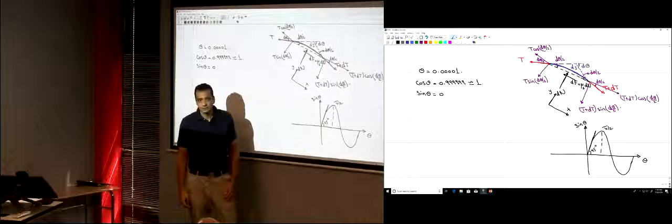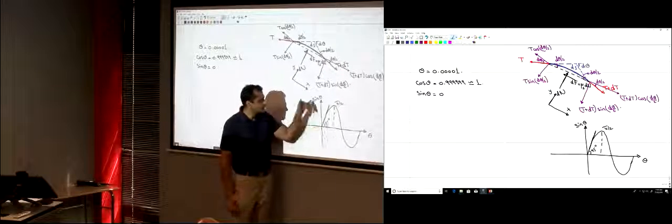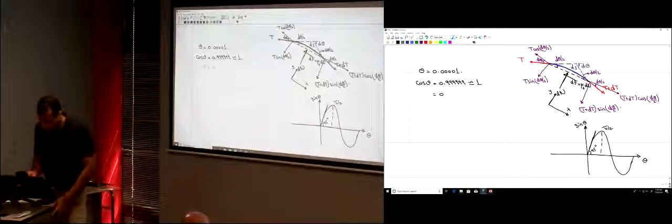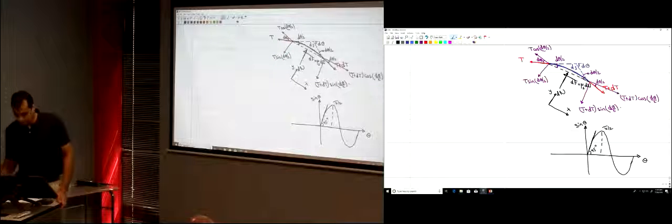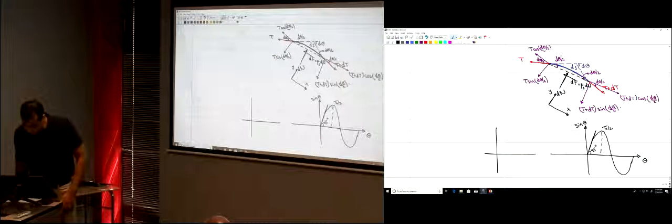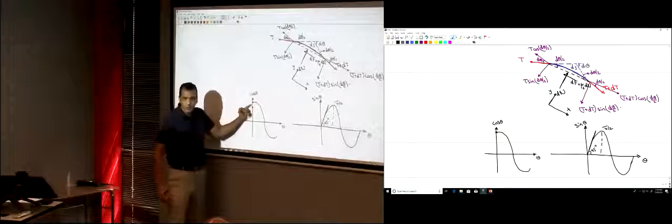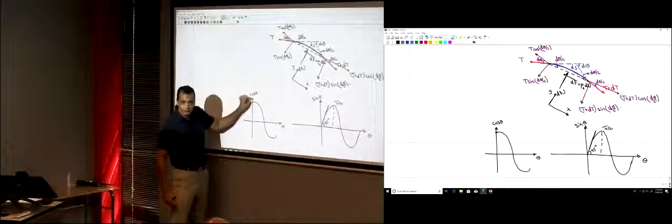Also, if you plot cosine theta versus theta, at theta equal to 0 cosine theta is 1, and the slope is almost horizontal, so it remains 1 for very small theta.